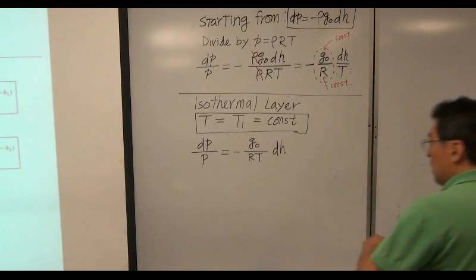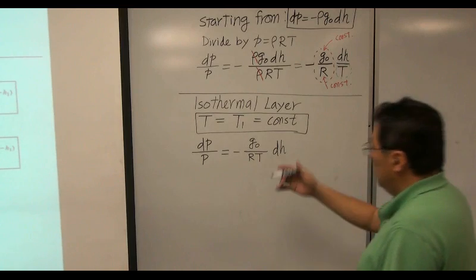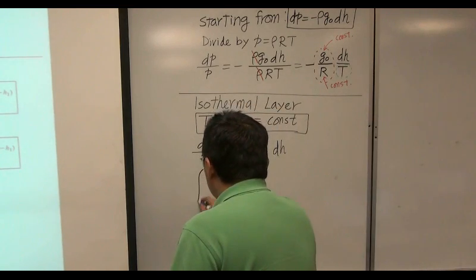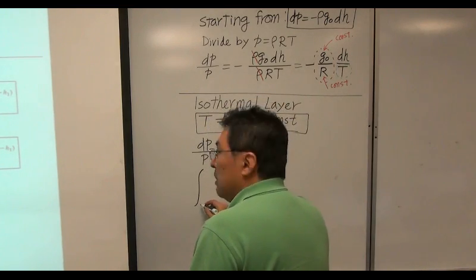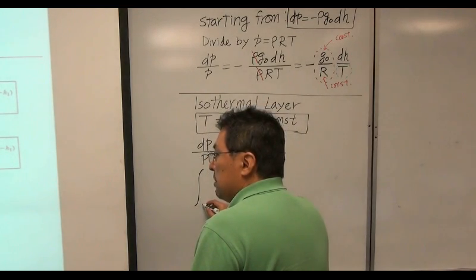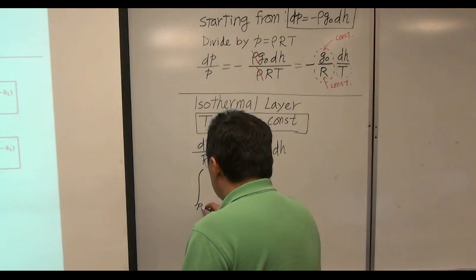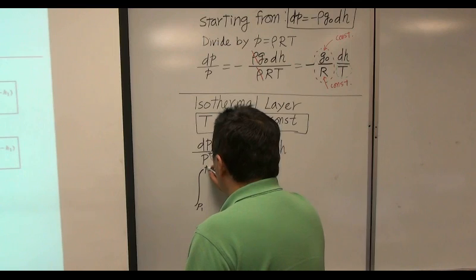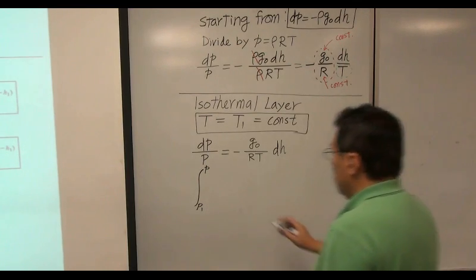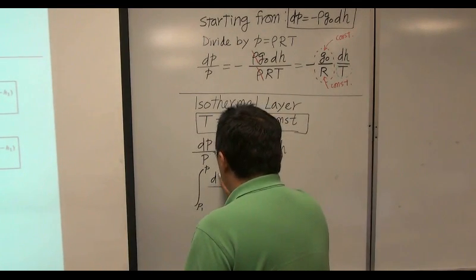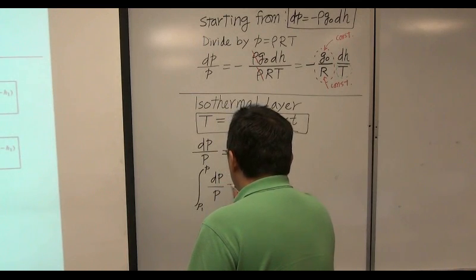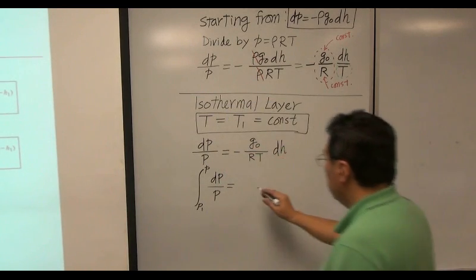So I can integrate from pressure at the base, P1, to pressure at given altitude h, P, of dP over P. This whole thing is constant, so it goes outside of the integral.